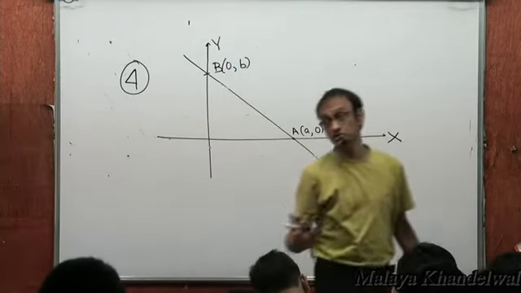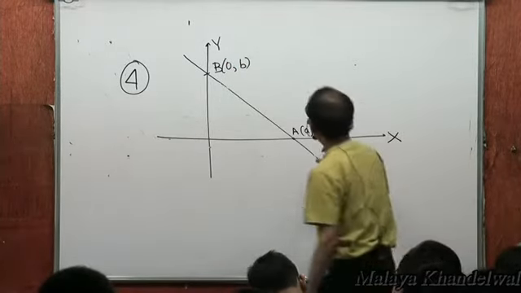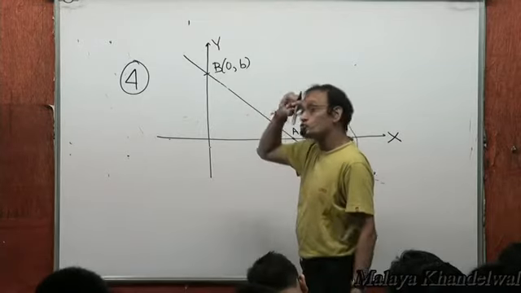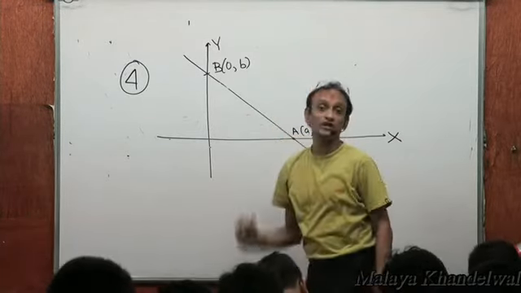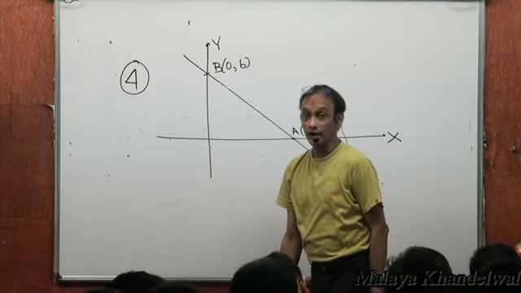A and b are parameters. Every time you select a and b, you select them in a manner that the sum of their reciprocals is a constant.